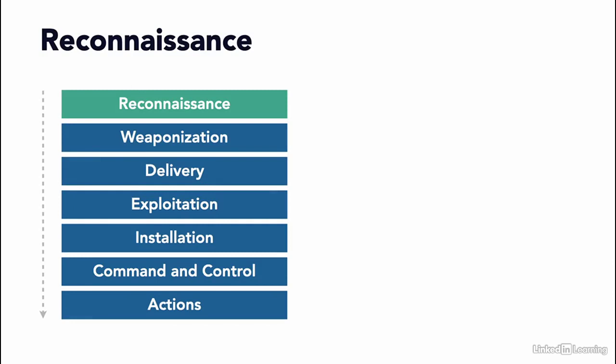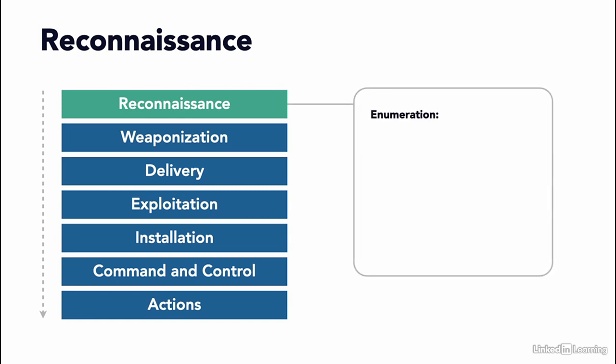Reconnaissance is the term given to finding out about a target. Just as a burglar will case a joint before breaking in, so a cyber criminal has to find out about his or her target, a process called enumeration. Individuals typically have one address on the internet which has been allocated by their internet service provider, whereas a business may have a number of addresses in what's known as their internet domain.